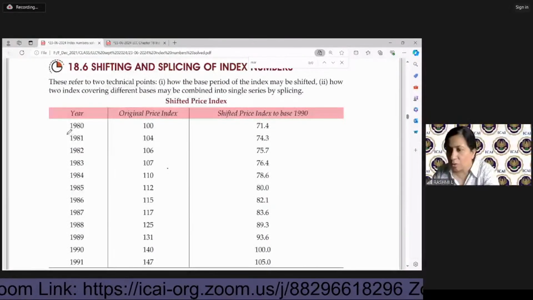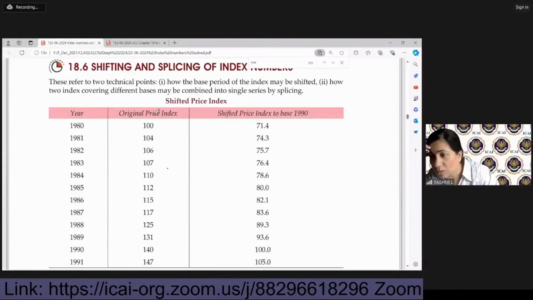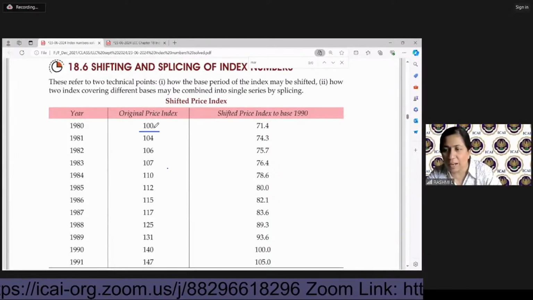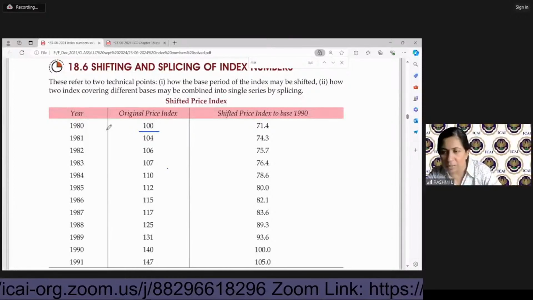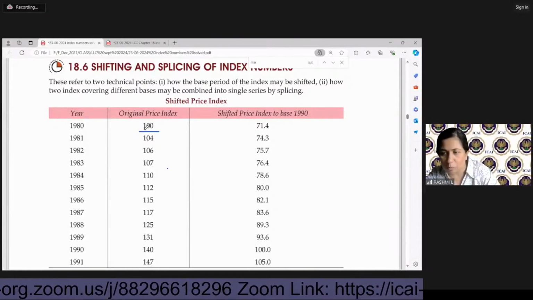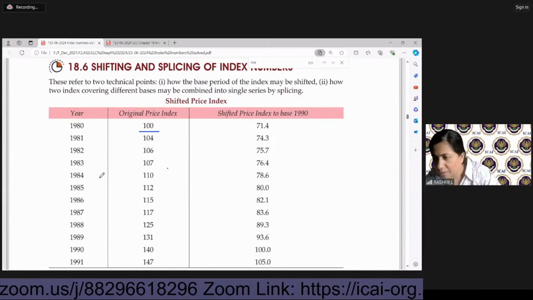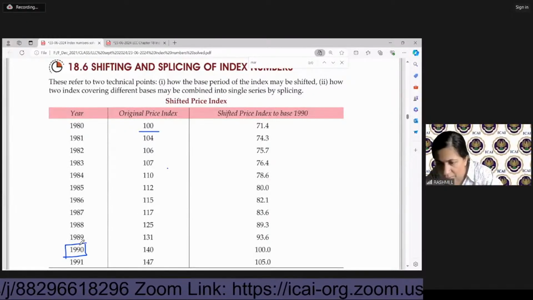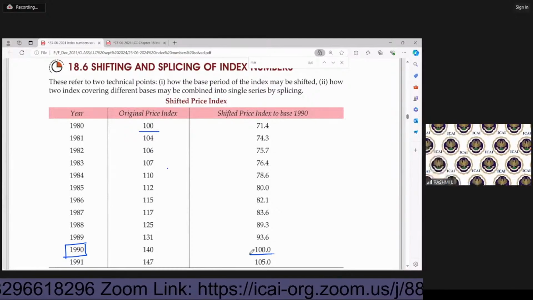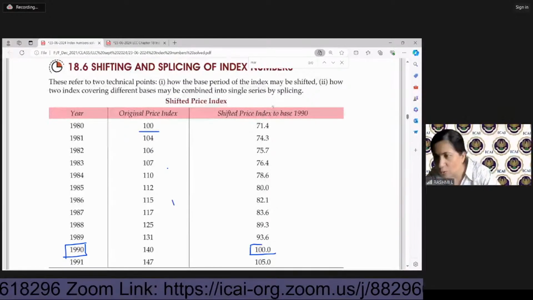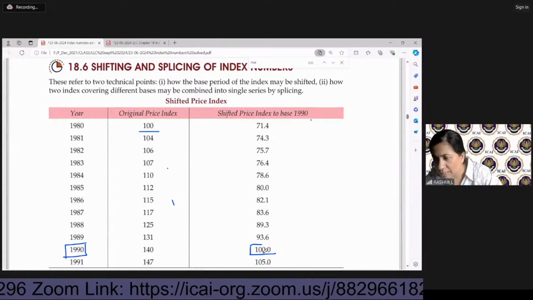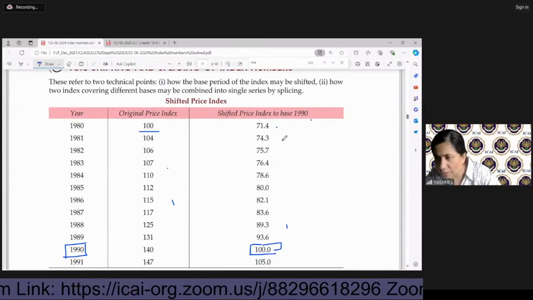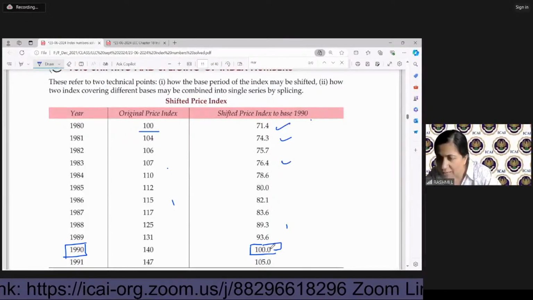Like here we talked about the shifting. Okay, this was the original price index. So for 1980, we were taking 100 as the base year. 1980 was taken as base year, and we put the index as 100. And then later we shifted the base year to 1990. So in this case, we took now the new shifted price index in base year 1990. So here this becomes 100, and then we are going to calculate all these, taking this as base year.